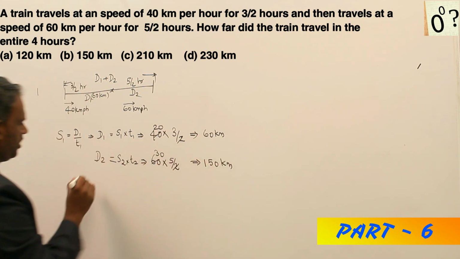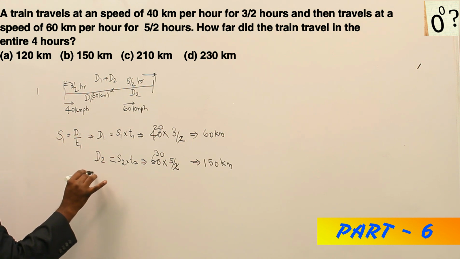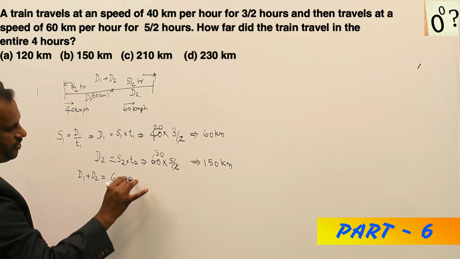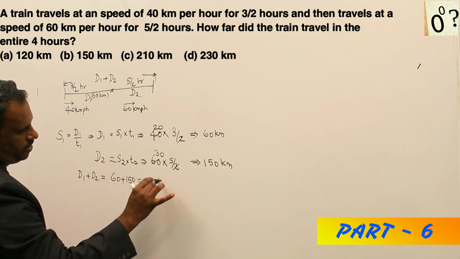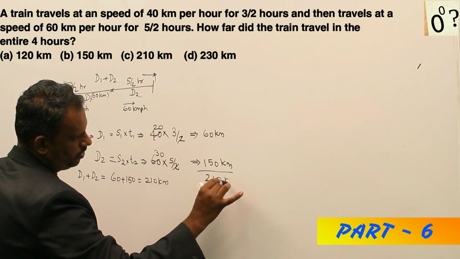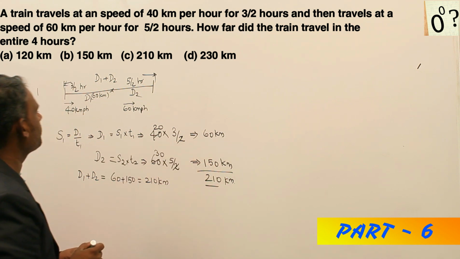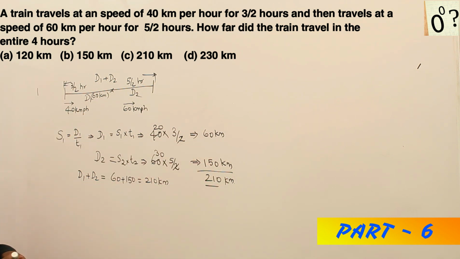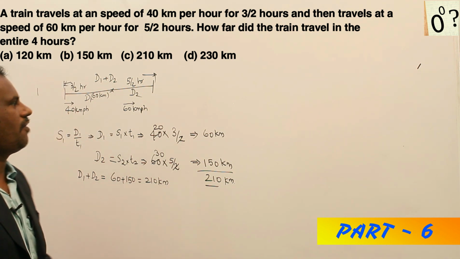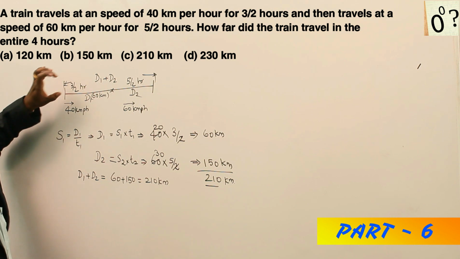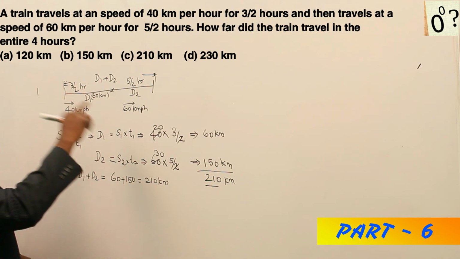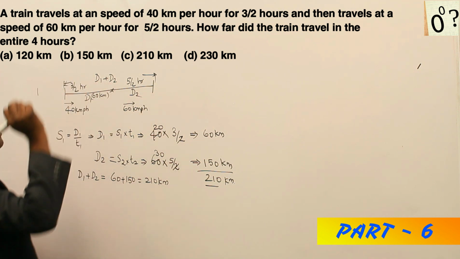So the total distance D1 plus D2 equals 60 plus 150, which is 210 kilometers. This is the answer. Once again, this is the same train traveling with a different speed for different hours. First, for 3/2 hours it travels at 40 km per hour. After that it goes 60 km per hour for another 5/2 hours.